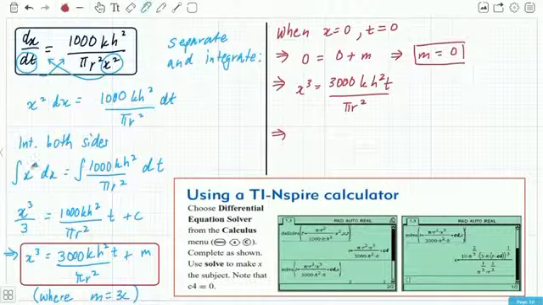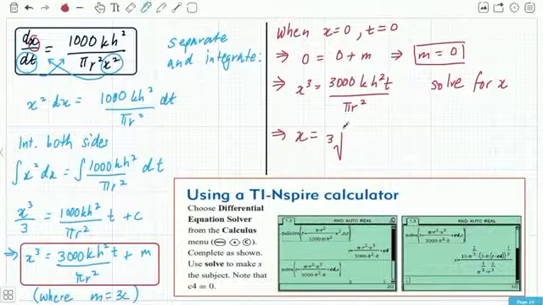And remember that we were solving dx/dt. Always look up at what variable is on the top line. That's what we're going to solve with respect to. So we're now going to solve for x. And doing that, we're going to take the cubed to the other side, where it becomes a cube root. So we'll have the cube root of 3000kh squared t over pi r squared.